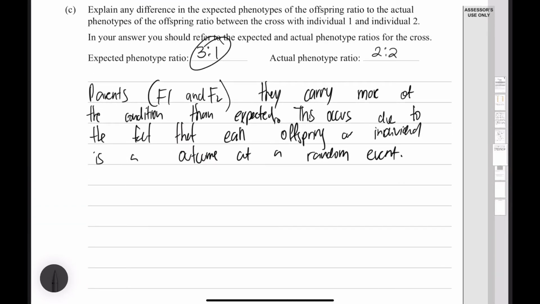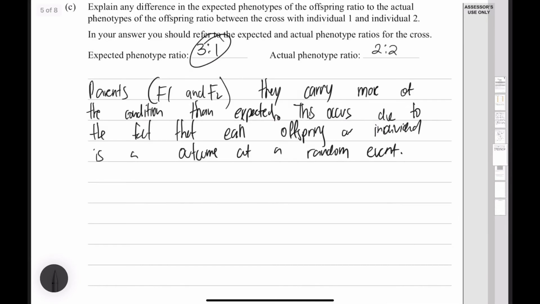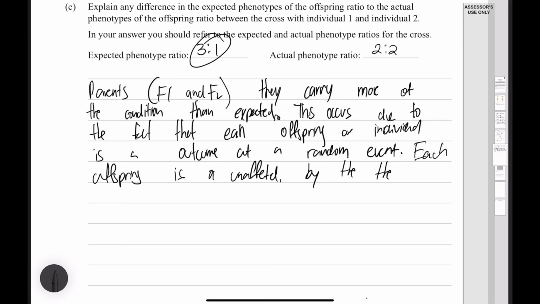And we can also write that each offspring is unaffected by the previous outcome.